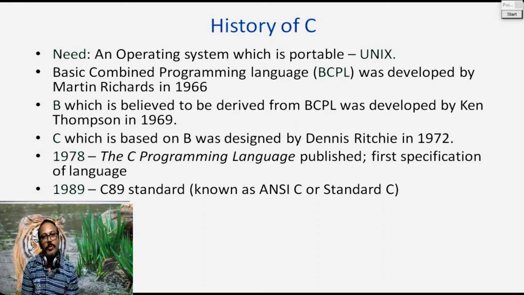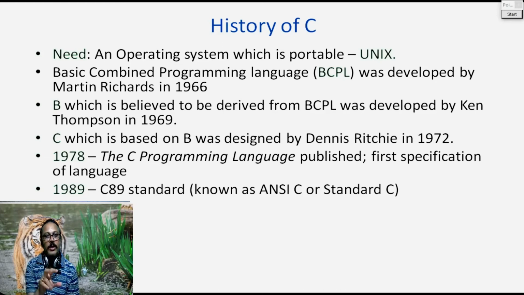It was because of the operating system called Unix. People were working on operating systems. An operating system is a control program, one which controls the computer. People were writing such software, and what they wanted is: I will write the operating system for this computer, but unfortunately it's not working on another computer.